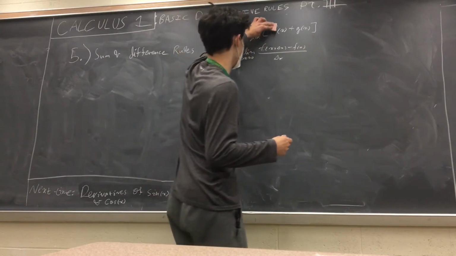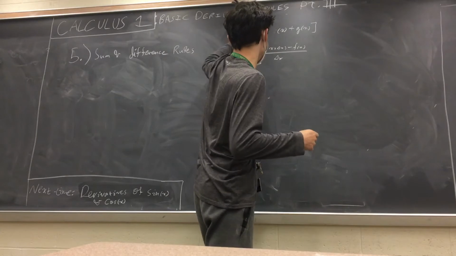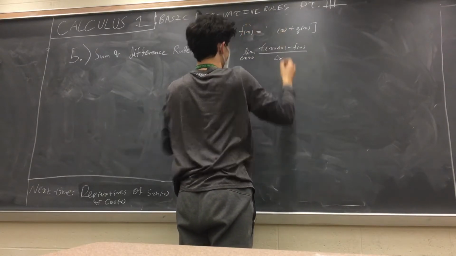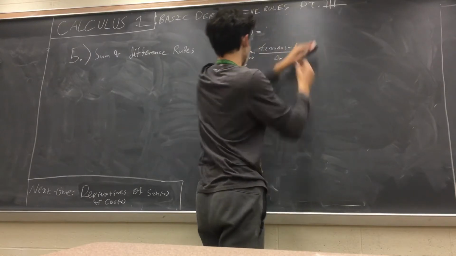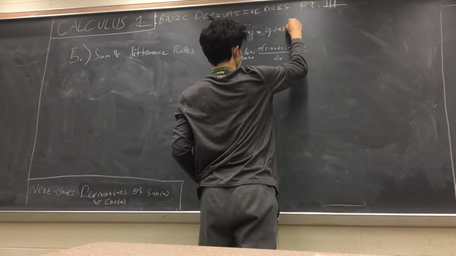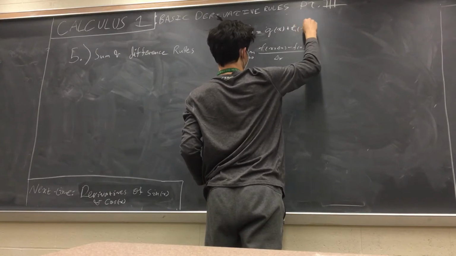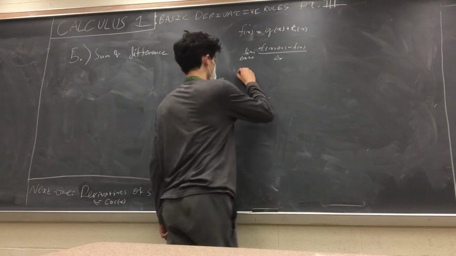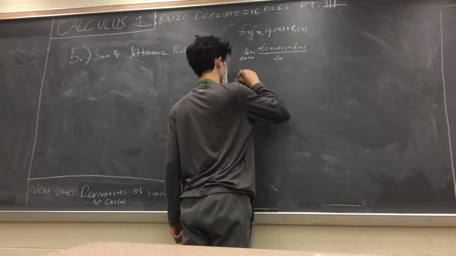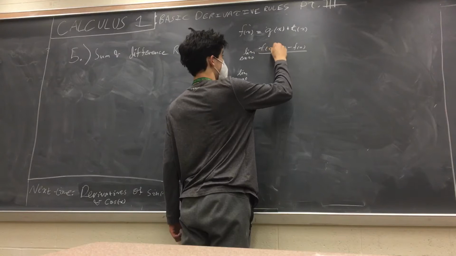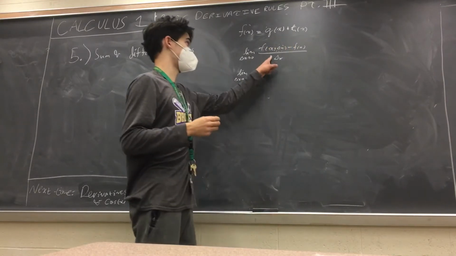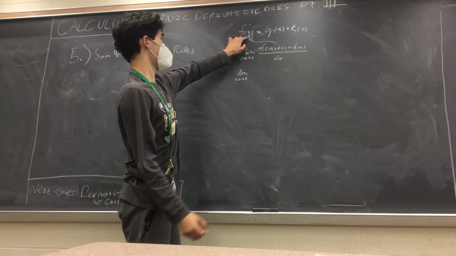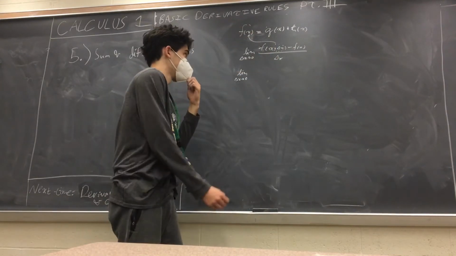Now, let me actually say that my function f of x is equal to g of x plus h of x. So now, what we do is we take what's in here, the x plus delta x, and plug it in for x in our function f of x.